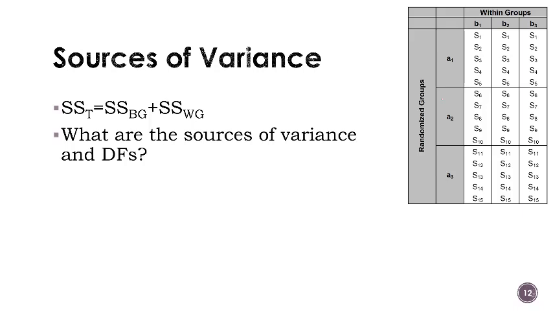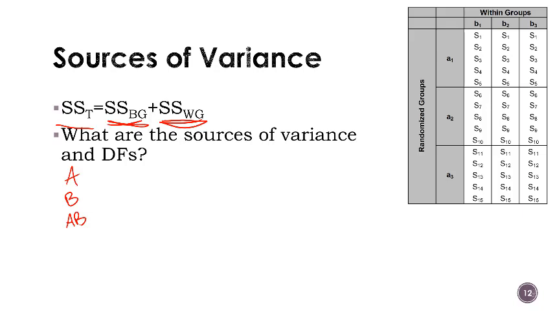So the sources of variance, all of them start off the same. There's total variability, there's variability that's due to between groups, and there's variability due to within groups. So what effects actually do exist in here? Well, the between groups parts are the same. So it's A, B, and AB.